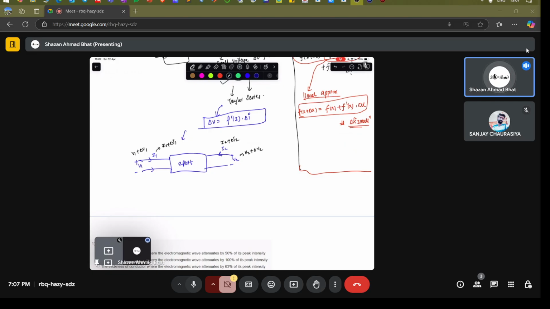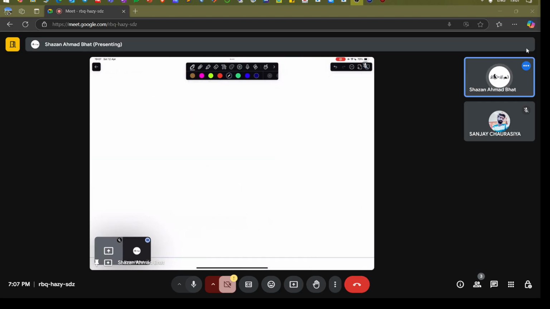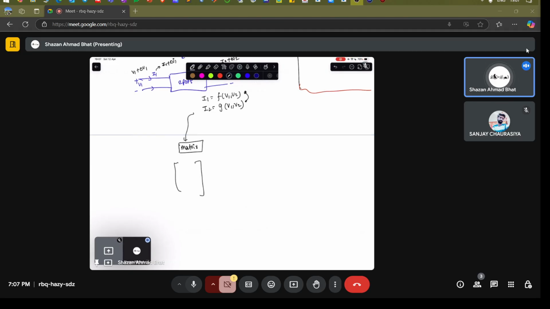You can basically write I1 as a function of V1 comma V2. You can write I2 as another function of V1 comma V2. Note that these two are different functions, not the same function, because they are on the opposite ends of this two-port network. Now you can write these equations in terms of a matrix.